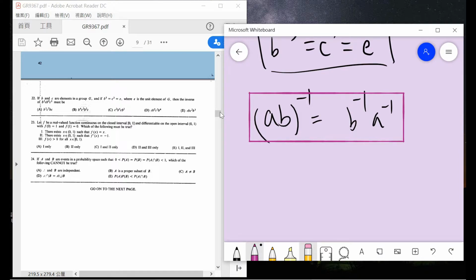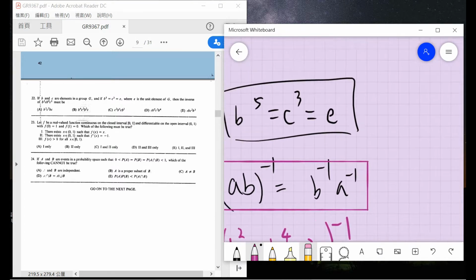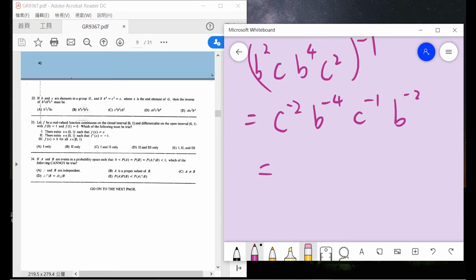Okay. So (B squared C B to the 4 C squared) to the power of minus 1 is C to the minus 2, B to the minus 4, C to the minus 1, B to the minus 2. So what is C to the minus 2? Remember that C cubed is the identity. Let me do it step by step.